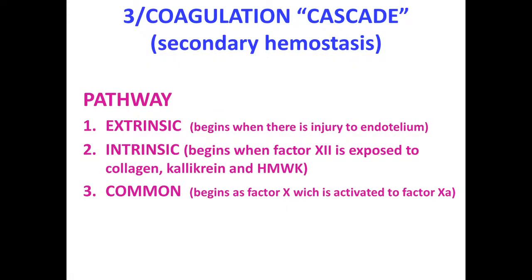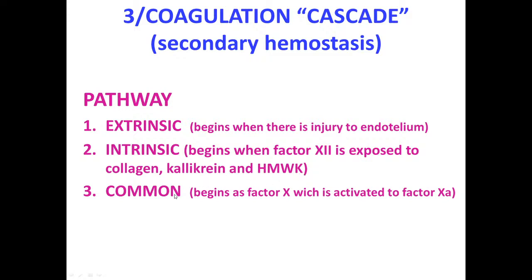Coagulation cascade is a secondary hemostasis. It contains three pathways. Extrinsic begins when there is injury to endothelium. Intrinsic begins when factor 12 is exposed to collagen, kallikrein, and high molecular weight kininogen.